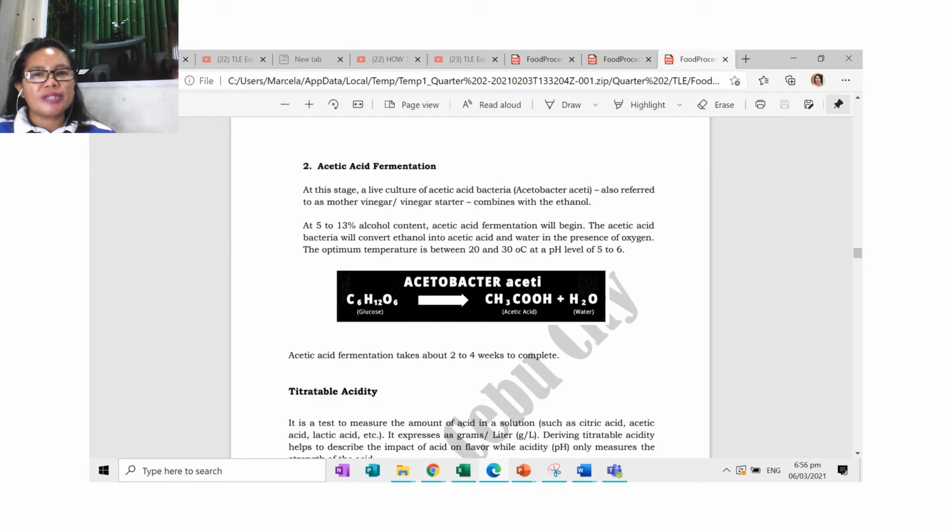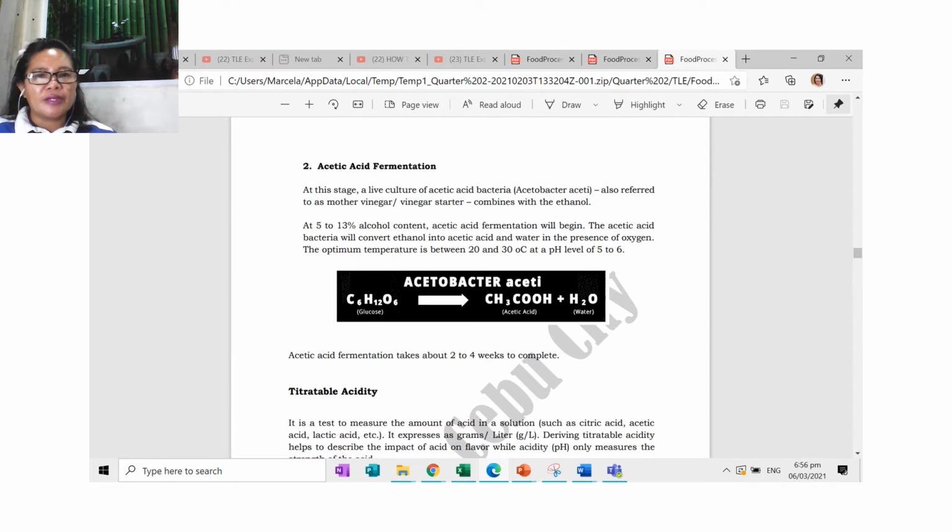The acetic acid bacteria will convert ethanol into acetic acid and water in the presence of oxygen. The optimum temperature is between 20 to 30 degrees Celsius at a pH level of 5 to 6.